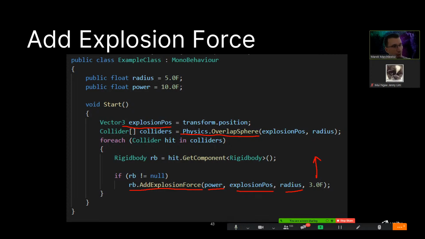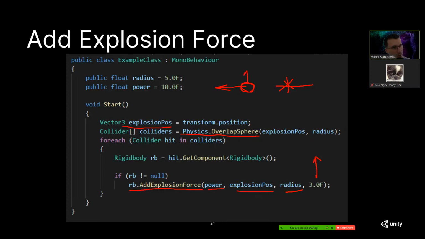So if your explosion happens here and you have your object rigid body here, instead of applying only force in this direction, it will add some up component to it. So on explosion, your rigid bodies will go slightly up above the ground to create a more interesting effect.